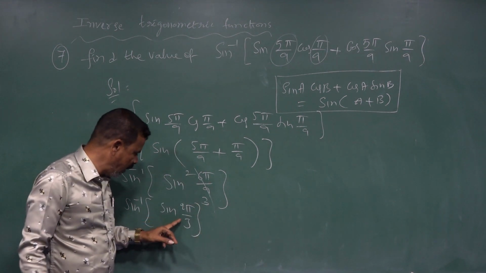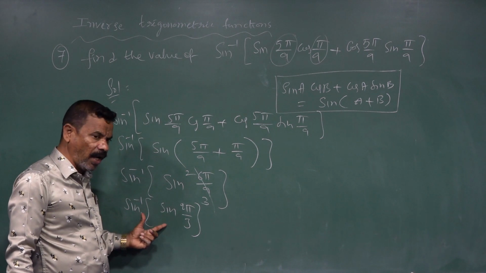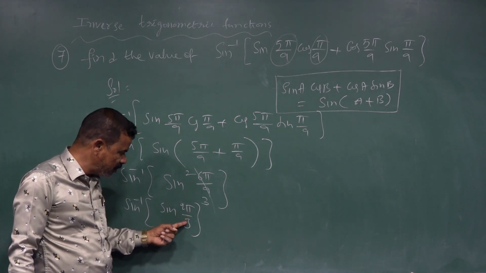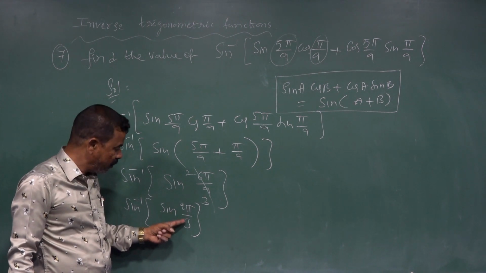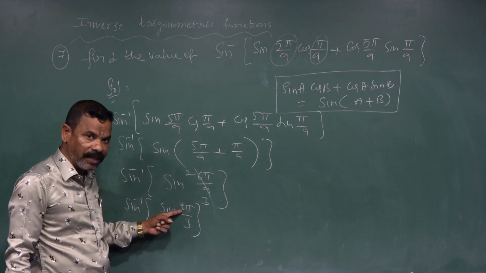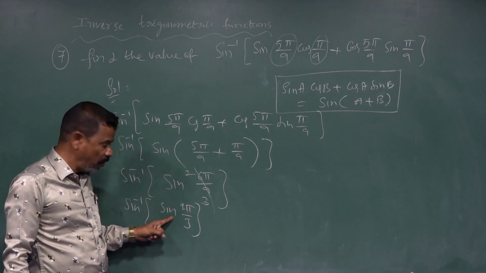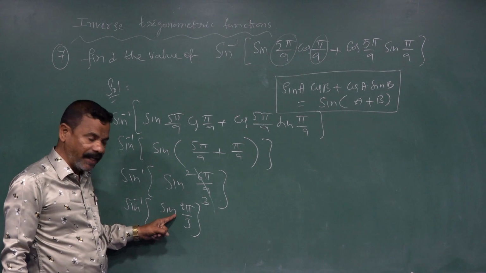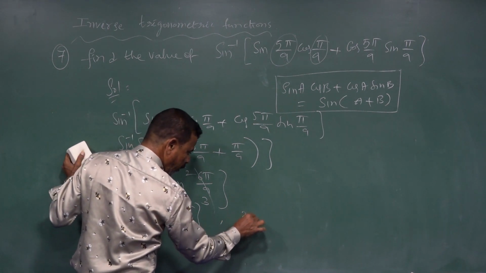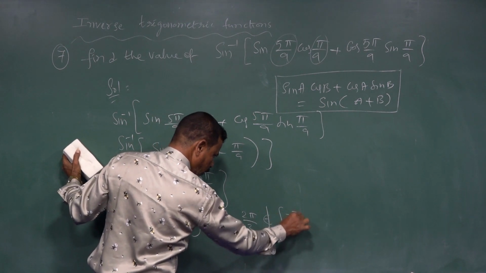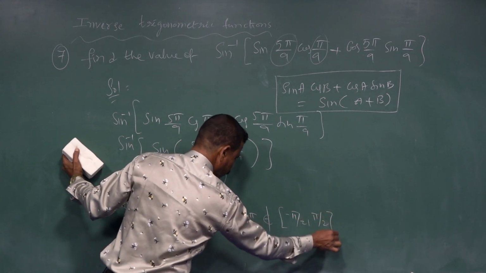We check here whether this value exists or not. 2 5 by 3 value, 5 by 3 means 180 by 3, that is 60, and 60 multiplied by 2 is 120 degrees. The principal value range is minus 90 to plus 90. Here 2 5 by 3 does not belong to minus 5 by 2 to plus 5 by 2.